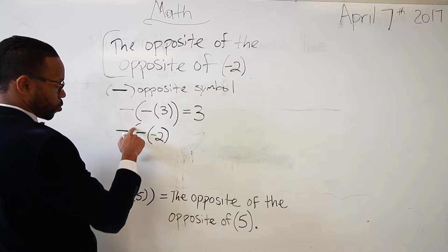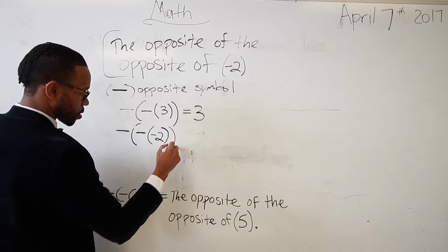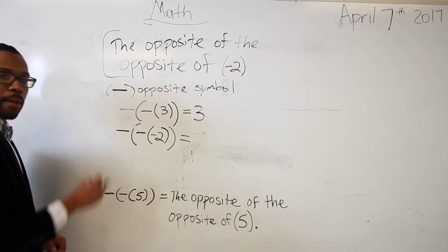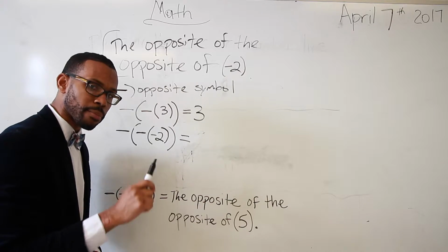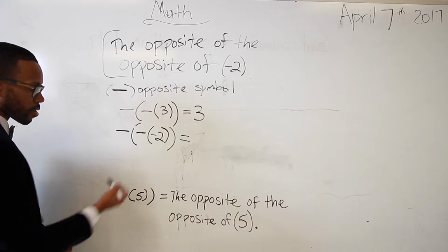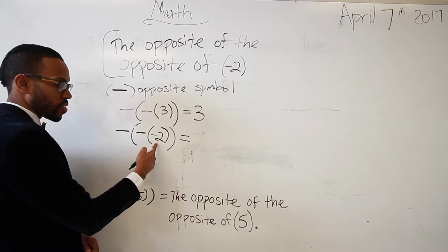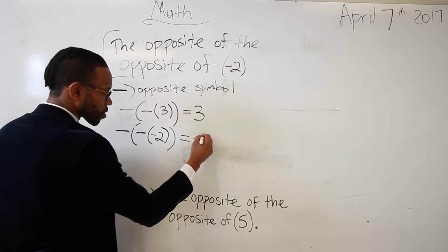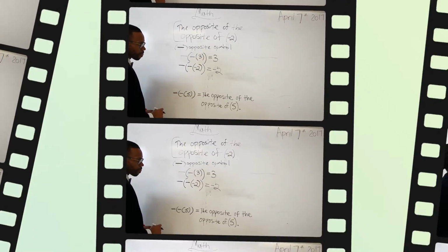All right, and then I'm going to close the parentheses. Equals what? The opposite of any number is the original number. The opposite of -2 then is -2. Very good.